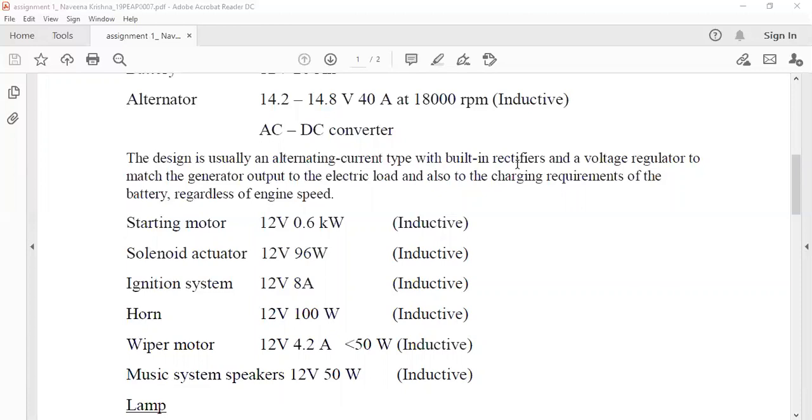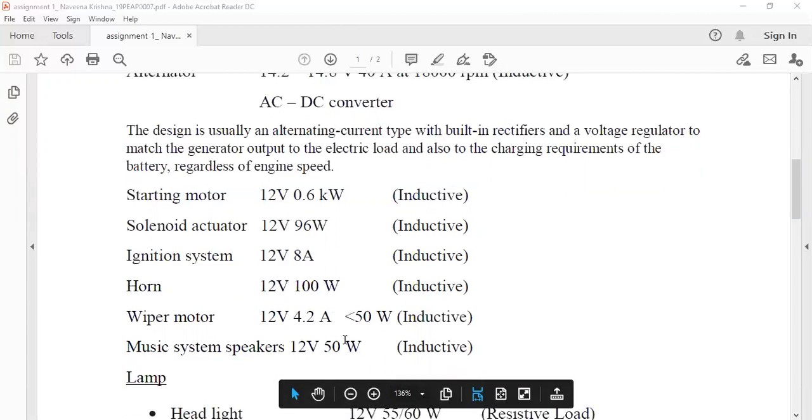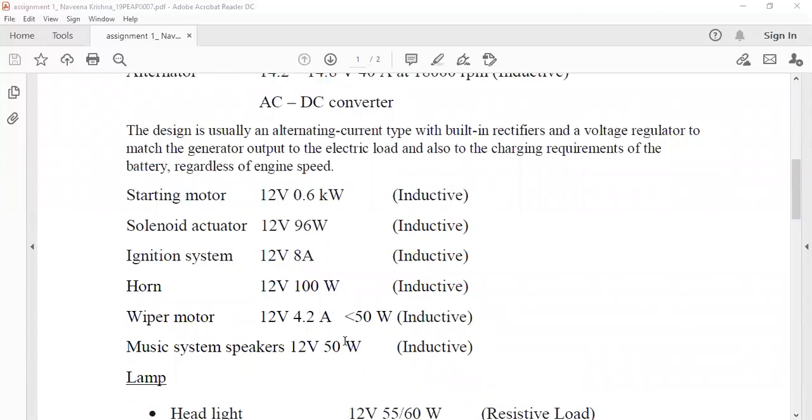Power changes from 0.6 kilowatt up to 96 watt. 0.6 kilowatt is consumed at start, and solenoid actuators use 96 watts, while the horn uses 100 watts. Wiper motors use less than 50 watts. Music system speakers use 50 watts.